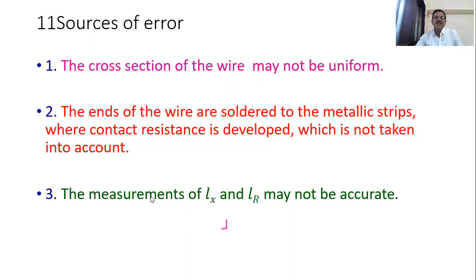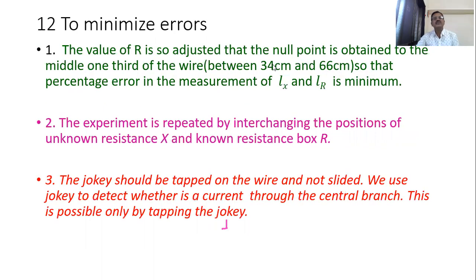Then the measurement of Lx and Lr may not be accurate. And if these Lx and Lr are not accurate, then there will be error in the determination of the unknown resistance.